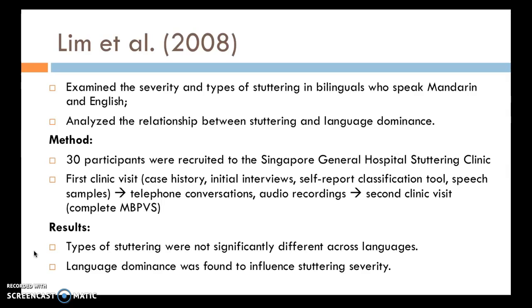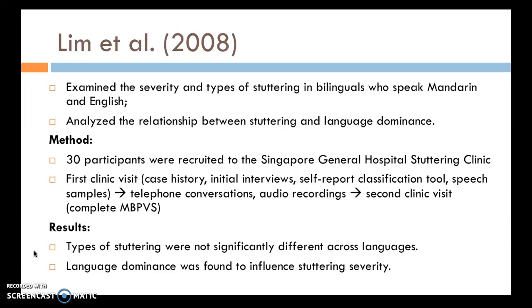What they did was they recruited 30 participants to the Singapore General Hospital Stuttering Clinic, and they had the participants come to the clinic twice. During the first clinic visit, they collected case history, did initial interviews, and also administered a self-report classification test.